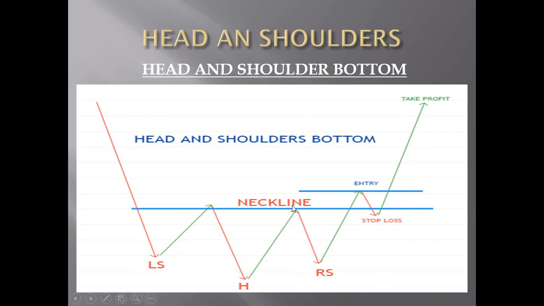After it tests the neckline, it will go down again, but it doesn't go to the head. However, it goes to the same support level as the left shoulder. After the formation of the right shoulder, the market will go up again, and when it does, it has to break the neckline.